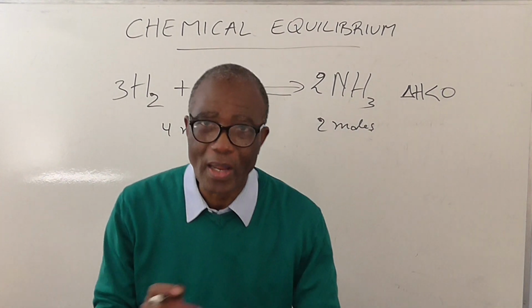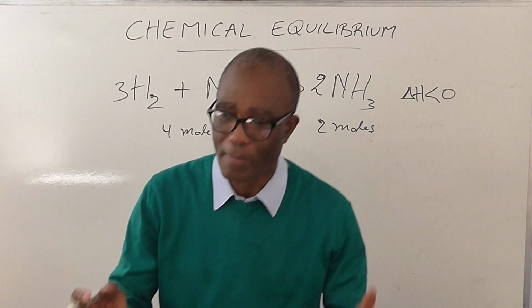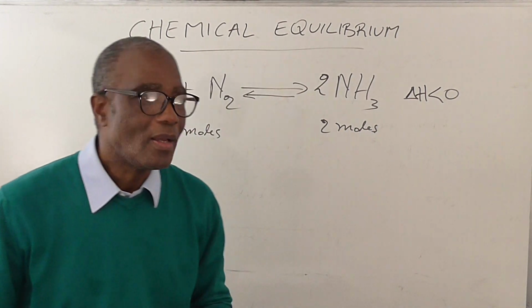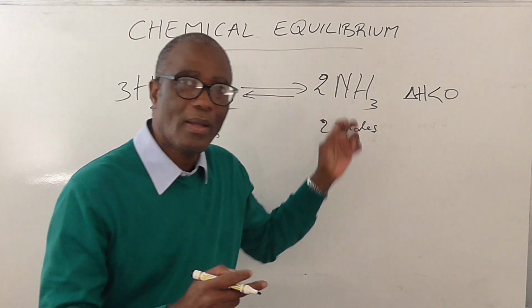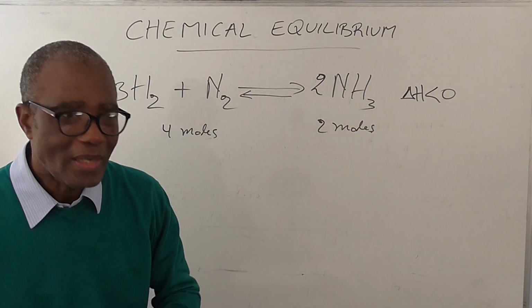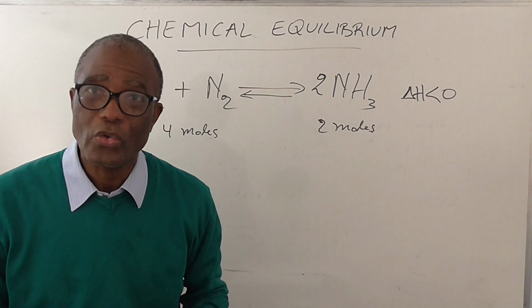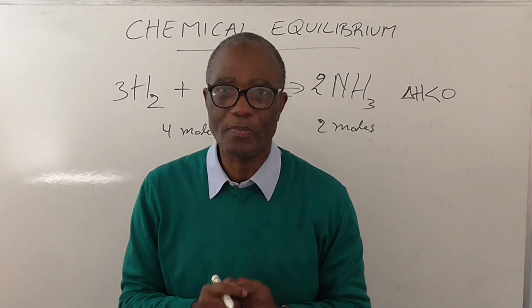But there is a problem in industry. If you are a production manager, the customers need more ammonia. Now you say, okay, we need to increase the pressure. We need to increase the pressure, but there is a problem.